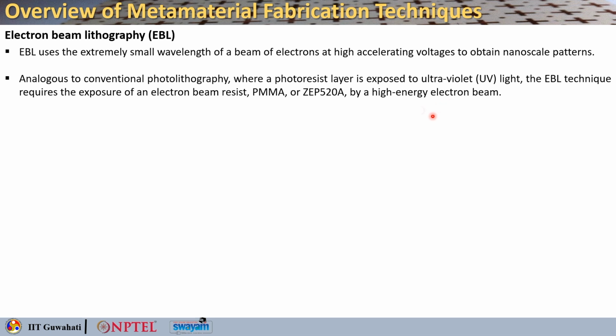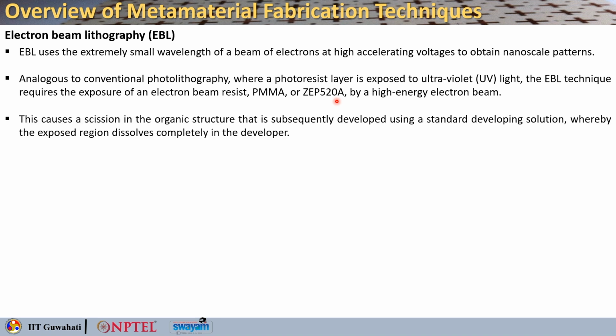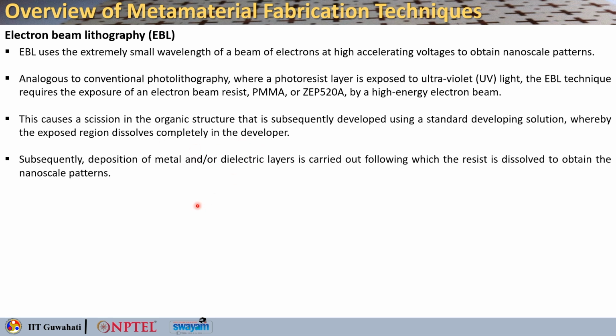This is a very high performance positive electron beam resist, which shows high resolution, high sensitivity and dry etch resistance. This causes a scission in the organic structure that is subsequently developed using a standard developing solution, whereby the exposed region dissolves completely in the developer.